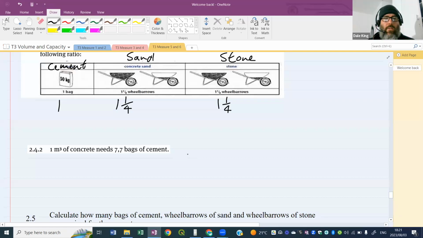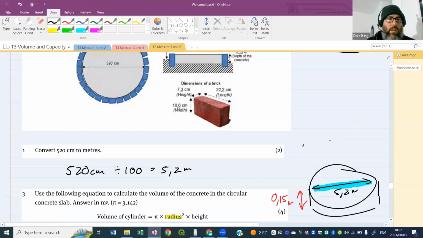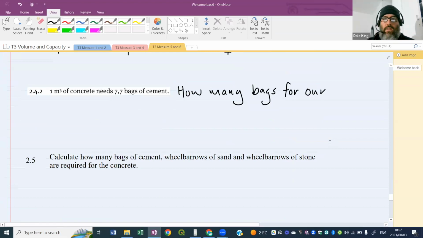How many bags for our, what are they calling it? They're calling it a slab for a picnic. So how many bags for our slab?